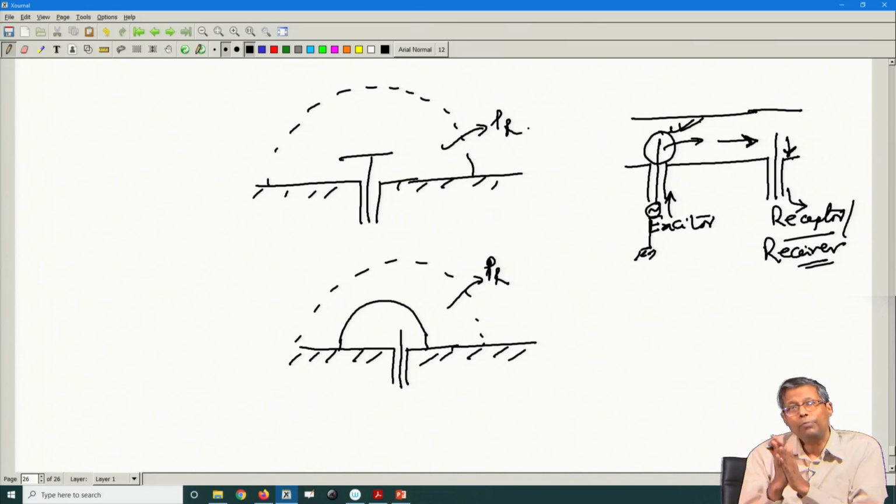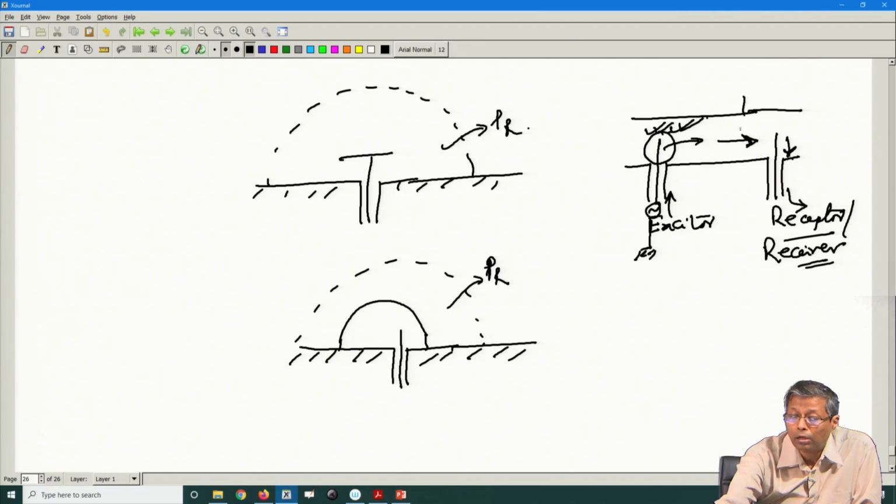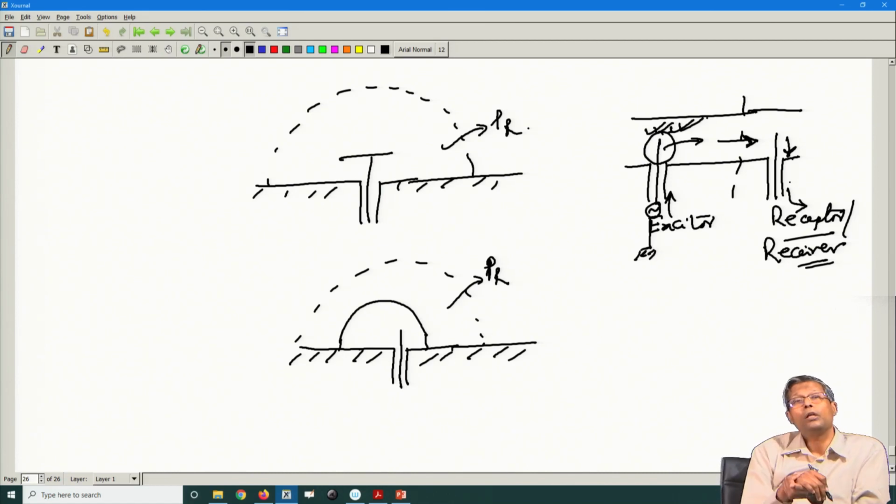In order to find the input impedance, I have to find the near field of the probe. What is the reactance of the probe, the resistance of the probe, the complex impedance of the probe which is exciting this waveguide. That is where the input impedance plays a very vital role in the excitation, and when we are receiving, in order to find the power received, we have to again calculate it using the Poynting's theorem.